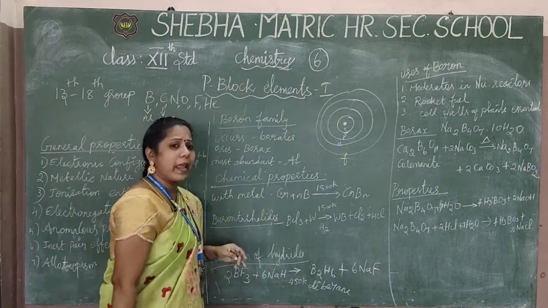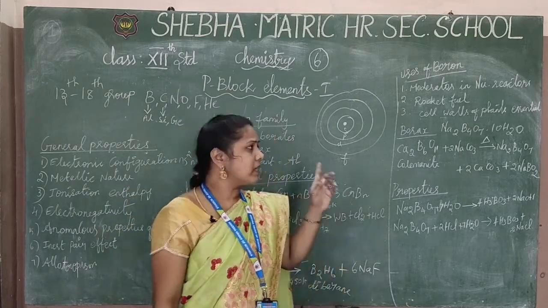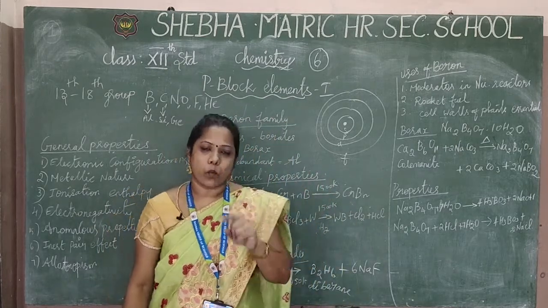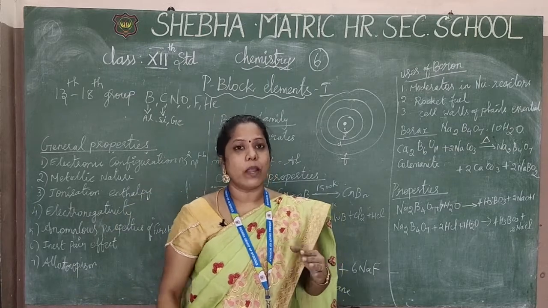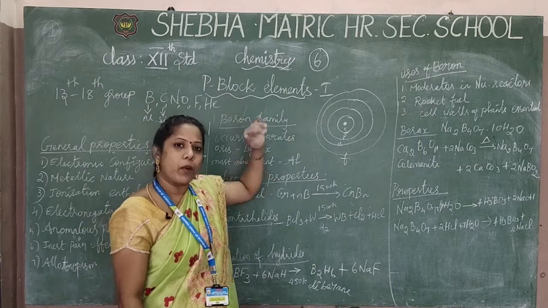In your textbook this lesson on P block elements has two parts. In this lesson we go for part 1, and in the next class, the next lesson, we complete part 2 of the P block elements.